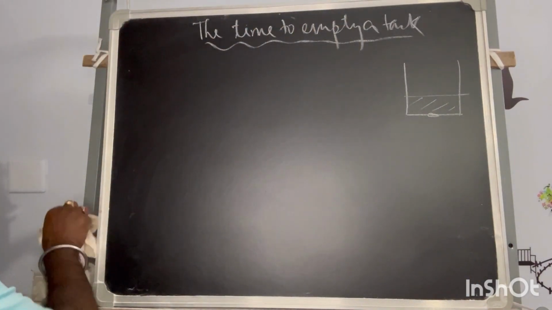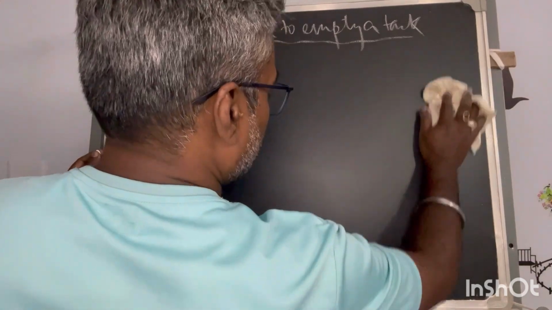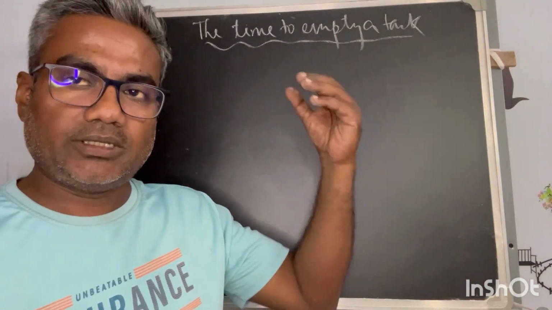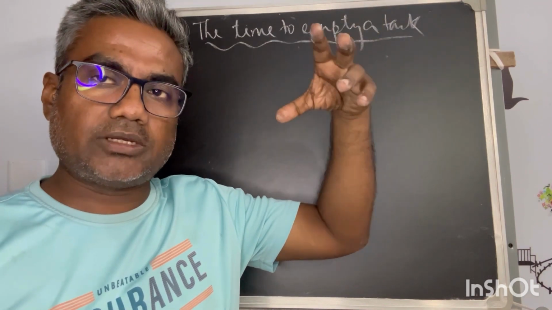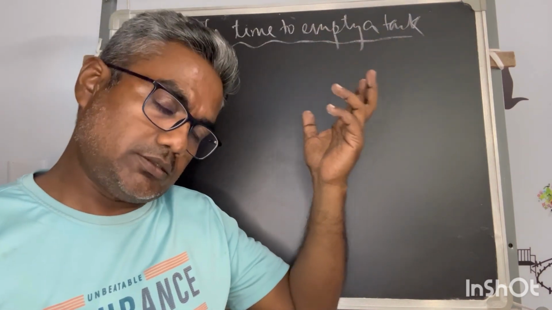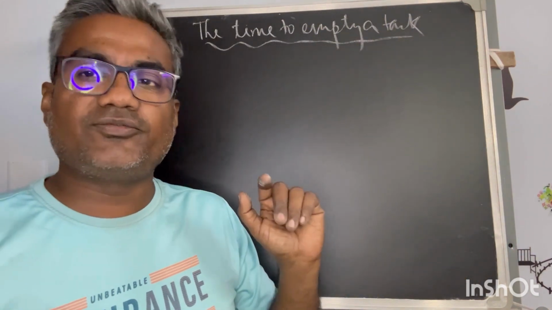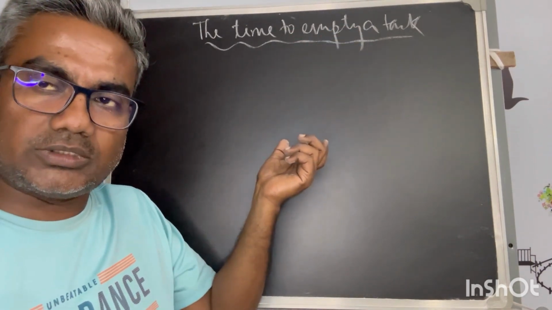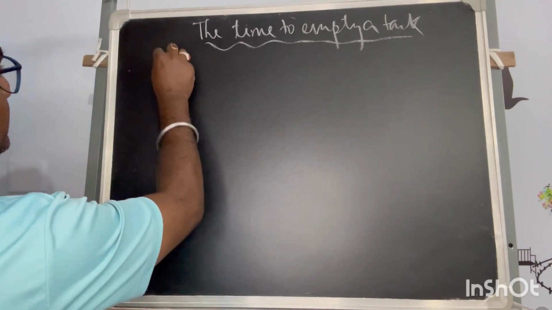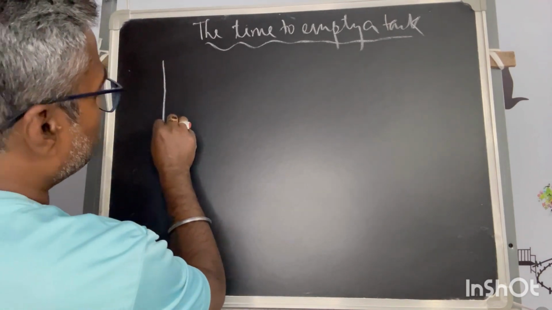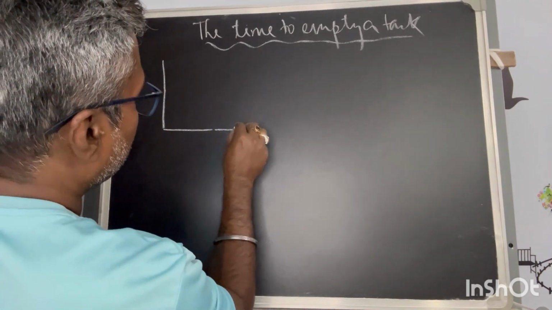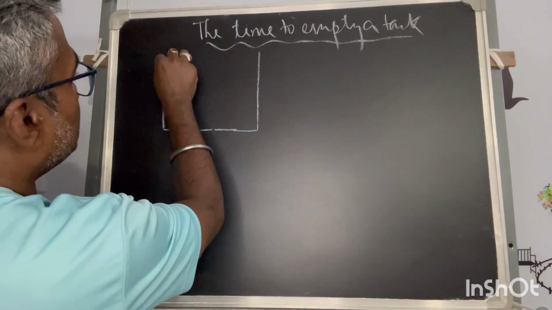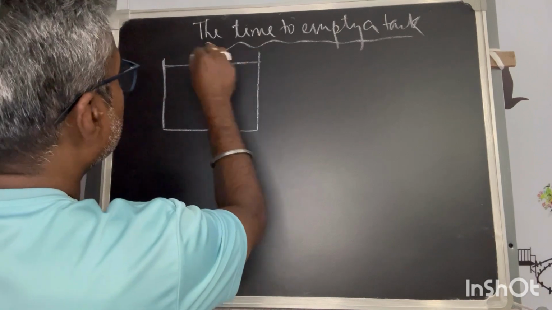So this is the only change from the earlier concept, where we used a tapping at some height, where we are measuring the speed of efflux, but that will also be the same case if the hole is at the bottom. But to empty it, this is the must condition: you need a hole just below the tank, so that every bit of the liquid inside this tank can be emptied.